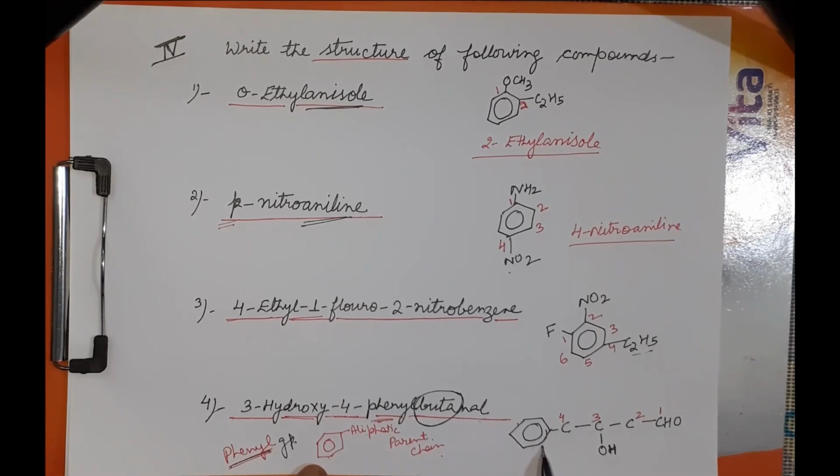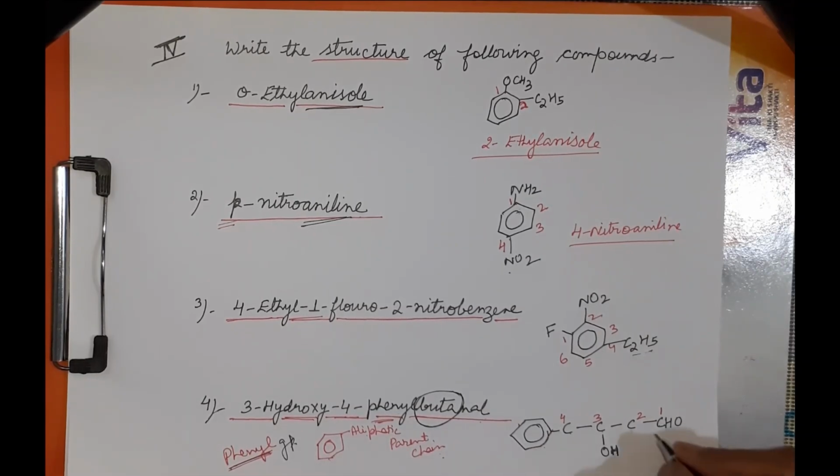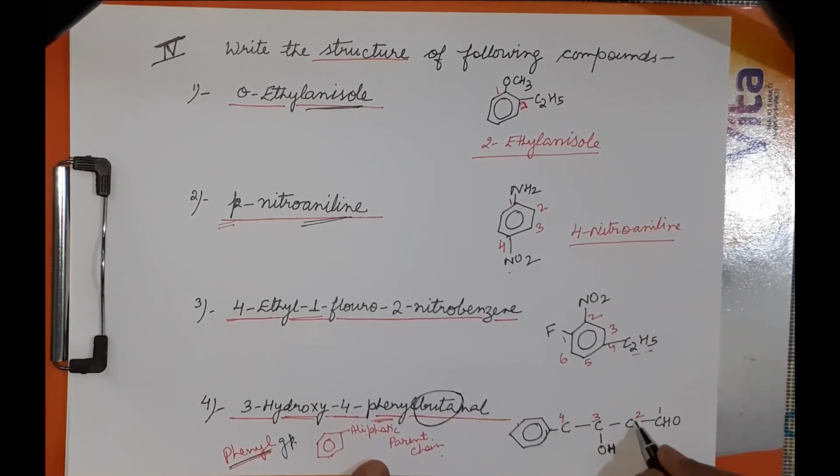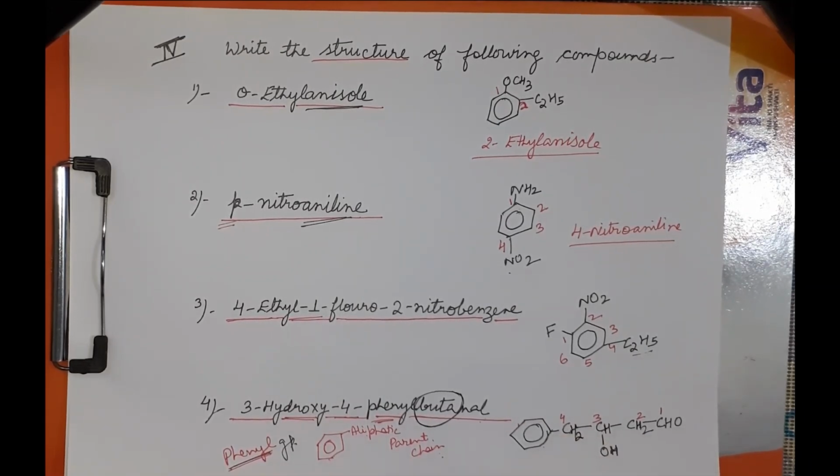So it is like this. Now let us complete the valencies of all the carbon atoms. C2 will be CH2, then all 4 valencies are satisfied. This here will be CH and this will be CH2. So 3-hydroxy 4-phenyl butanol, this will be the structure of this compound.